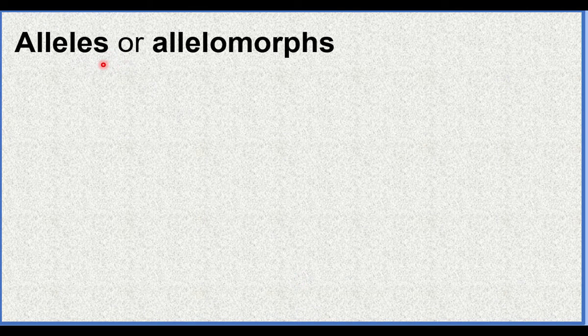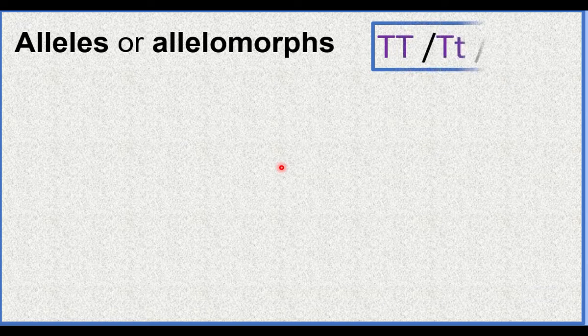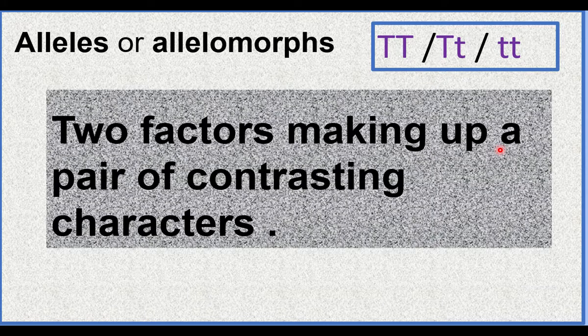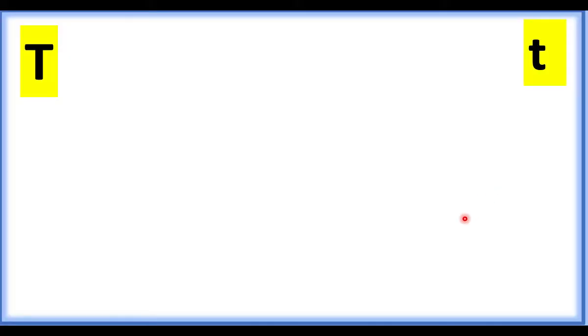Alleles or allelomorphs are the factors which make a particular character. For example, capital T, small t are the factors. They are called alleles. The two factors making up a pair of contrasting characters are alleles or allelomorphs.